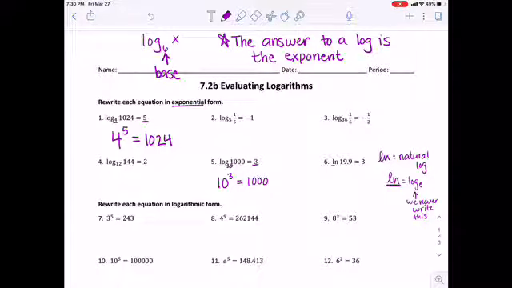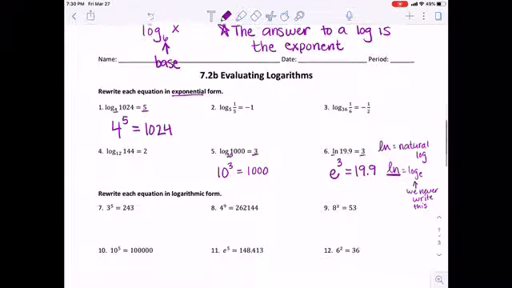But here on problem 6, you need to know that if it's an ln, that means the base is e. So I write down that my base is e. Now remember that the answer to a log is the exponent. In this case, my answer is 3, so I know that 3 is the exponent. And that equals the number inside the log, which is 19.9.